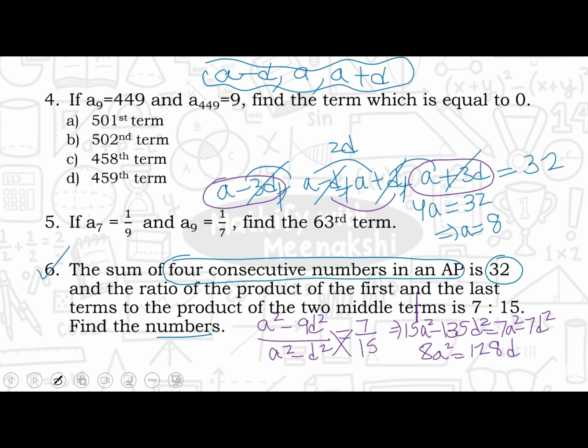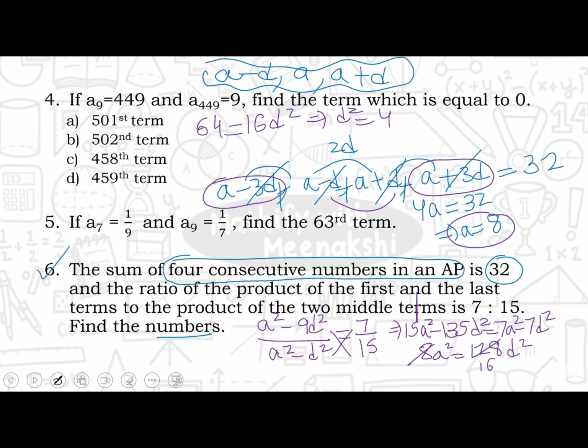You can cancel with the table of 8. If you cancel with the table of 8, what will you get? You will get 8 into 1 is 8, and then you will get 16. So a square is equal to 16d square. So you can write 64. A square is 64, which is equal to 16d square. From here you get that d square is 4.